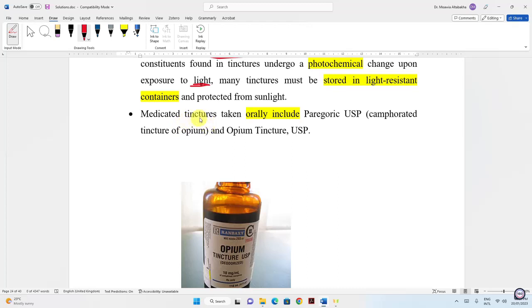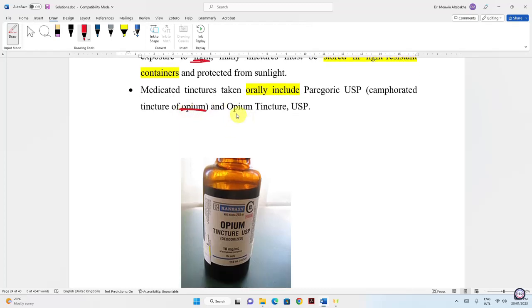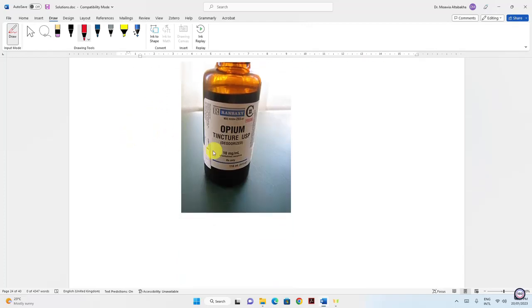Now when we say oral tinctures, this includes paregoric or concentrated tincture of opium, the morphine and such things, the opium that they grow. Of course you will not find such a thing in the pharmacy, only in the hospital. So you have opium tincture or concentrated tincture of opium.